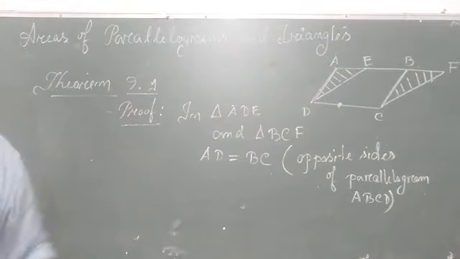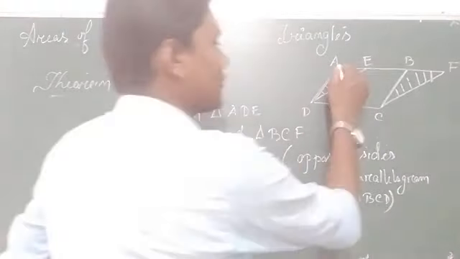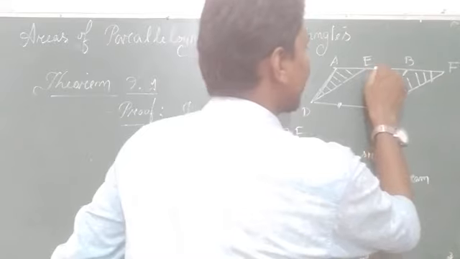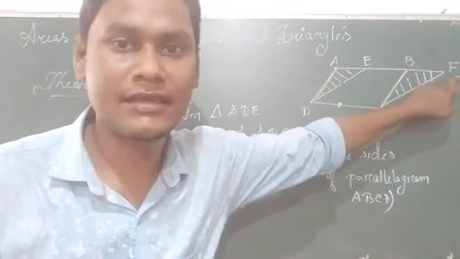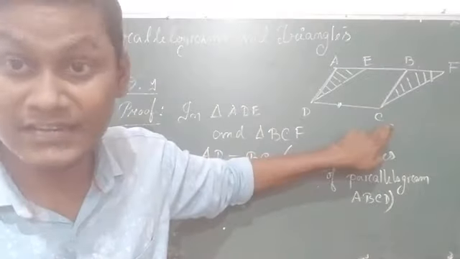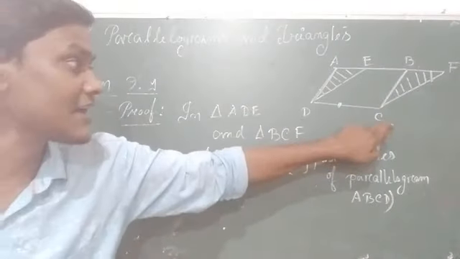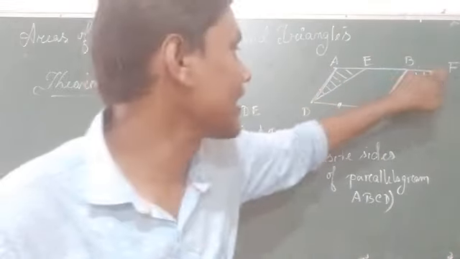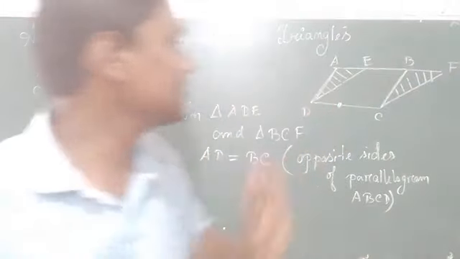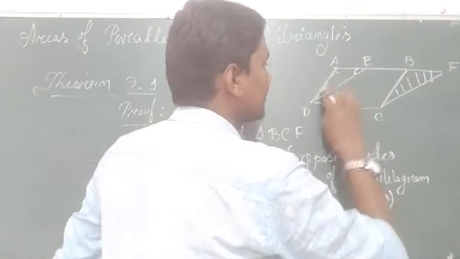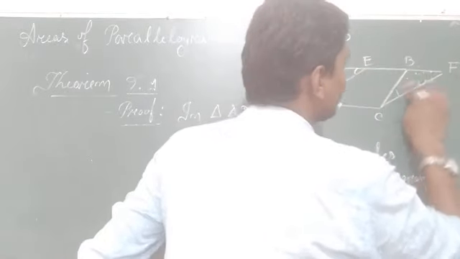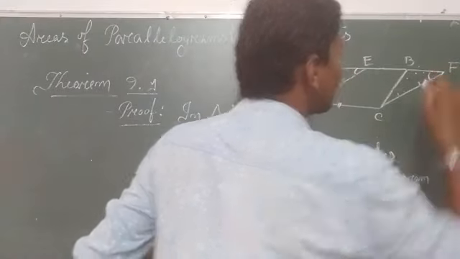So sides are equal. Then you see this particular line, AF line is parallel to CD line. If AF line is parallel to CD line, so here in this case, this particular angle will be equal to this particular angle, corresponding angles.